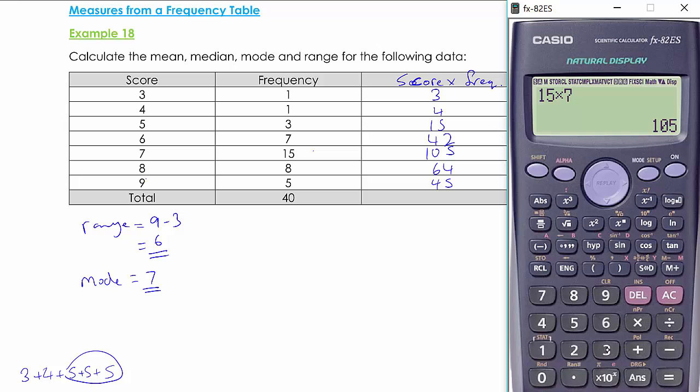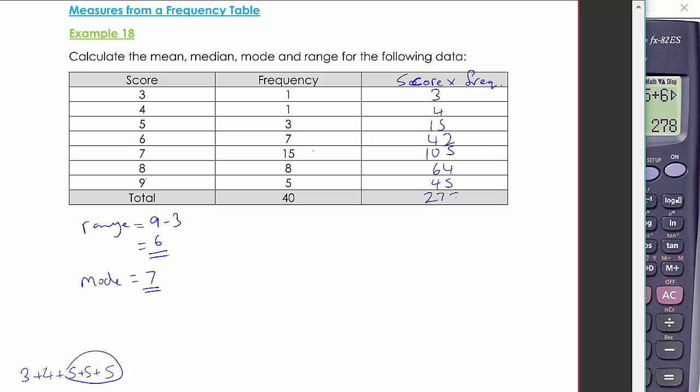And we need the sum of those because that is the sum of the data. So 3 add 4, add 15, add 42, add 105, add 64, add 45. So that's 278.